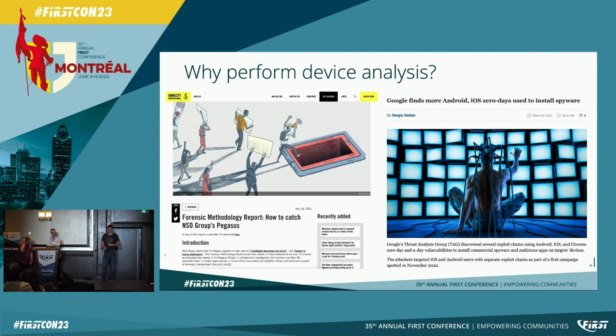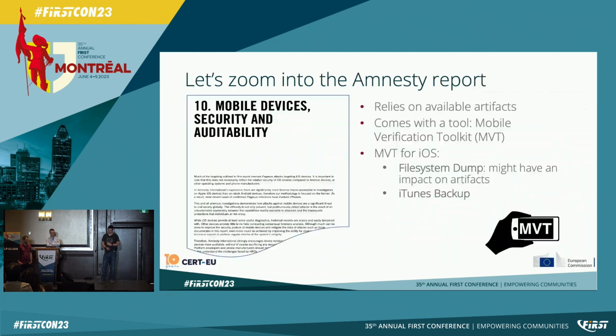Then came this report from Amnesty, which was quite interesting because it proved that what we were willing to do was making sense. And then we looked at how Pegasus works and what was described in the report. We also looked at the techniques proposed by Amnesty, especially MVT, the Mobile Verification Toolkit, which was released by Amnesty as an open source tool as well.